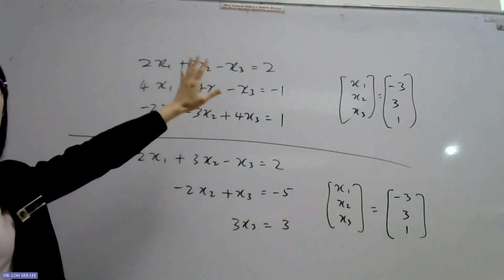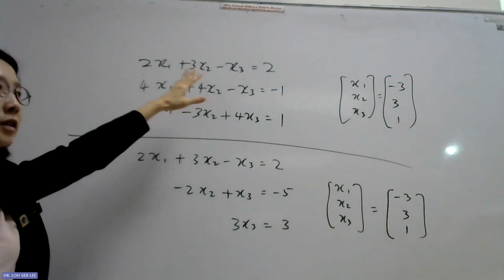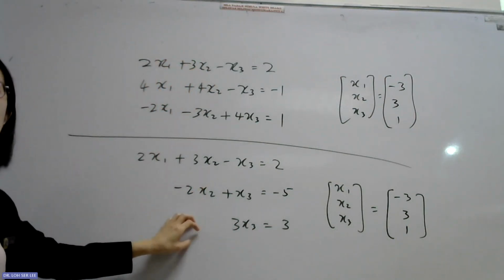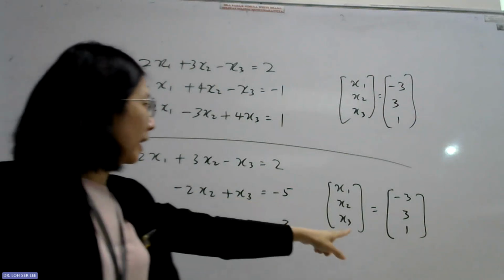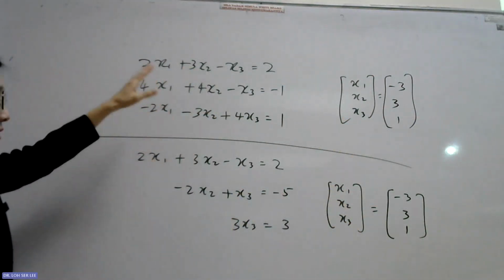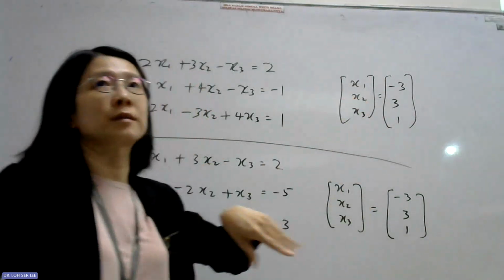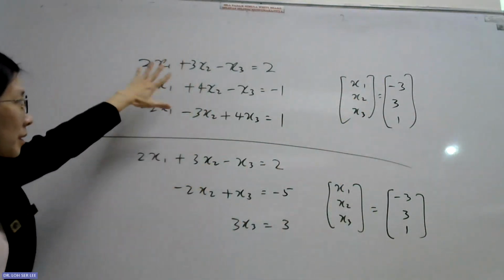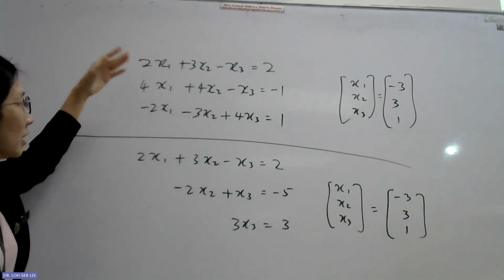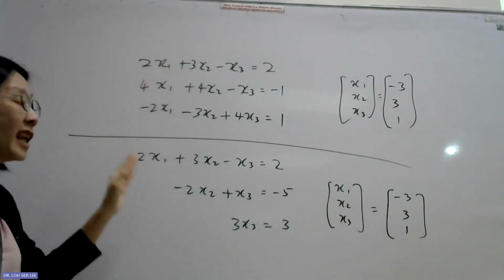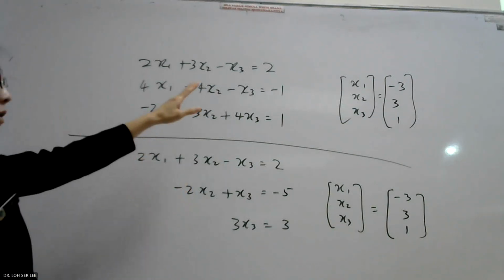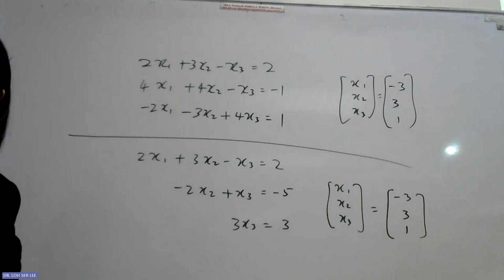When we row reduce it, we get another linear system, but they have the same answers. Given a linear system, we can row reduce it into an equivalent linear system. Equivalent means they have the same solution.